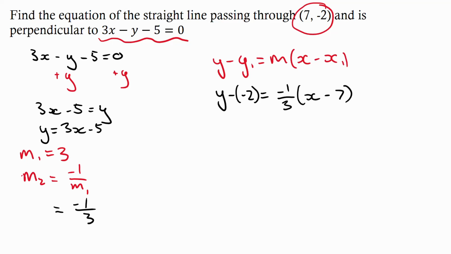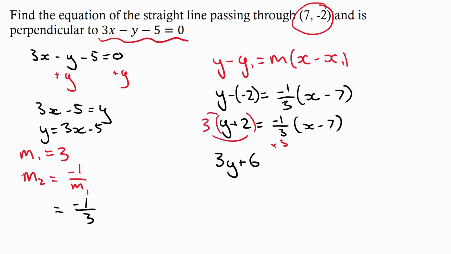We can do some simplifying here. I want to multiply my 3 up, so what that does is essentially put brackets there, and we're going to expand it. So we end up with 3y plus 6 equals -1 times (x take away 7), so we end up with -x plus 7.